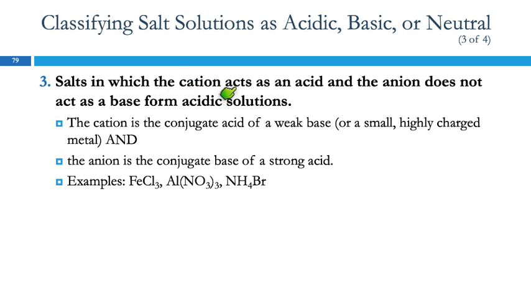Salts in which the cation acts as an acid and the anion does not. Well, then you're going to have an acidic solution. So here, your cation is the conjugate acid of a weak base, or it could be aluminum 3+ or iron 3+. And the anion is the conjugate base of a strong acid. So let's look at ammonium bromide.